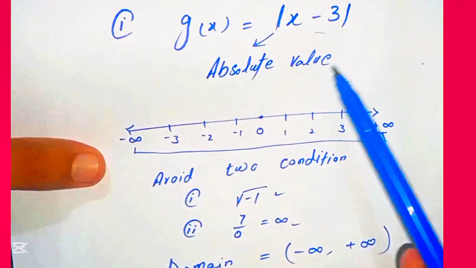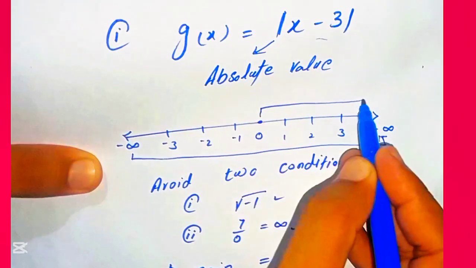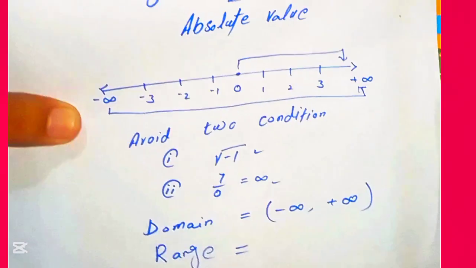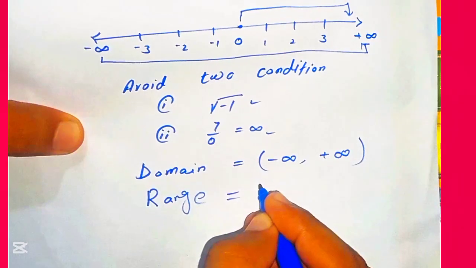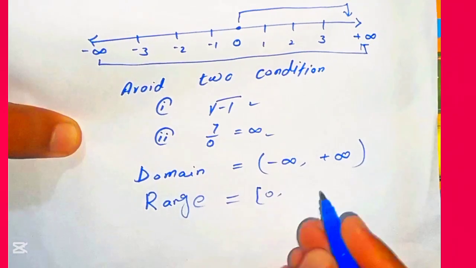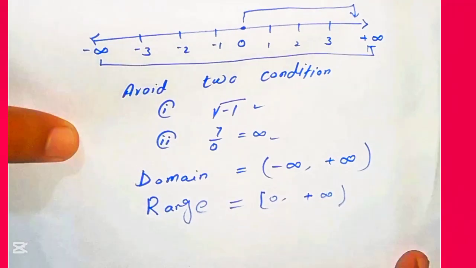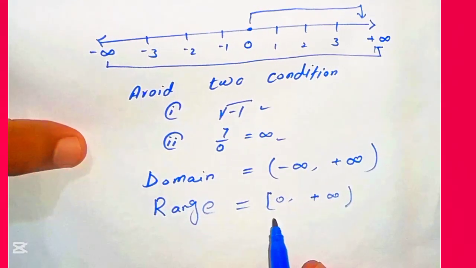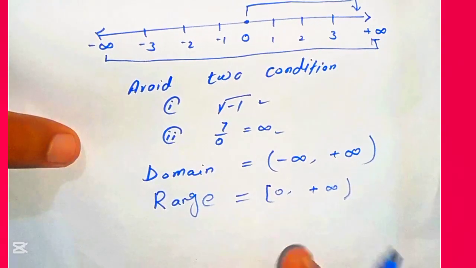So we always have a positive answer, and a positive answer means from 0 to plus infinity. So our range becomes 0 to plus infinity, and this closed bracket means that 0 is included in the answer.